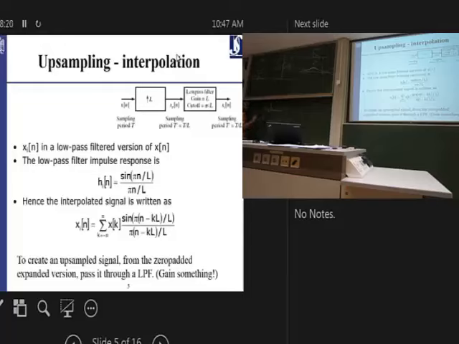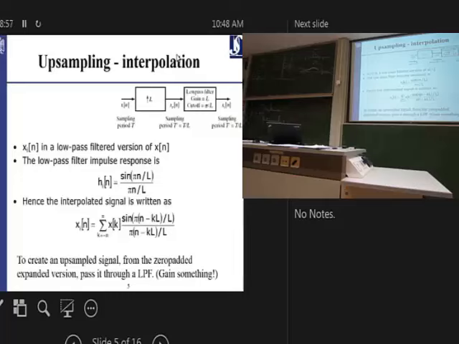So you make 2 zeros here, then you have this sample, then you have 2 zeros, then you have this, then you have 2 zeros, then you have this, 2 zeros, and so on. So this is the upsampled version of x of n. This is x of n. This one is xu of n with a ratio of 3.